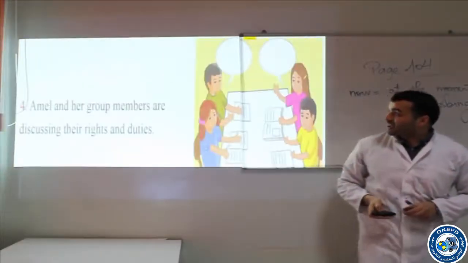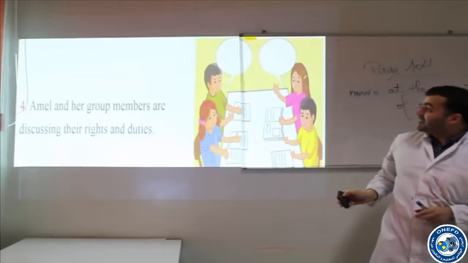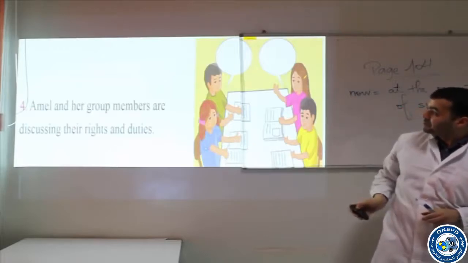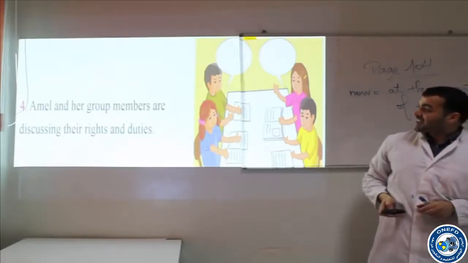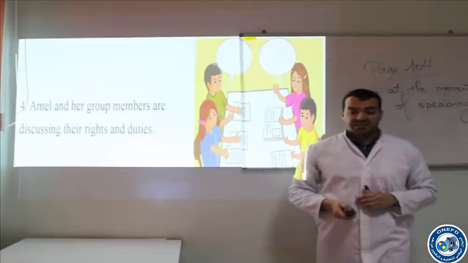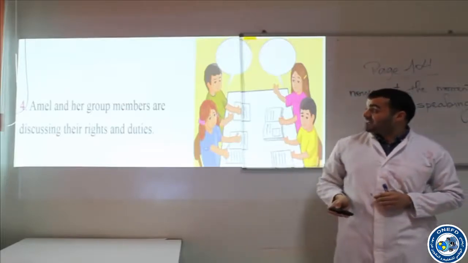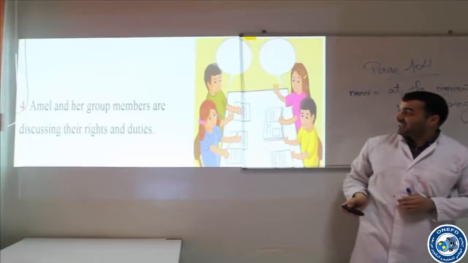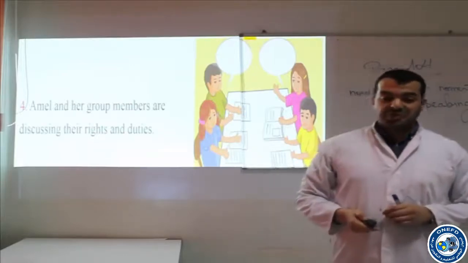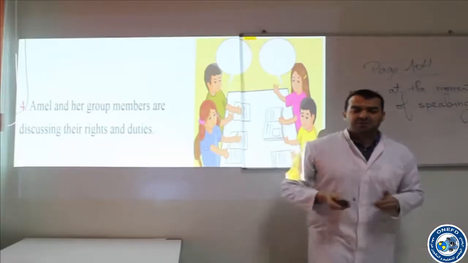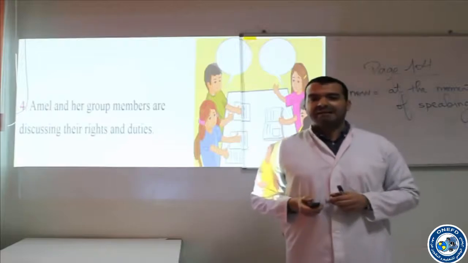The following picture, this is Amal, and these are her group members. Amal and her group members are discussing their rights and duties. Would you please remind me about some duties?